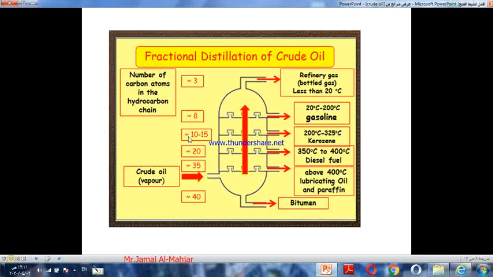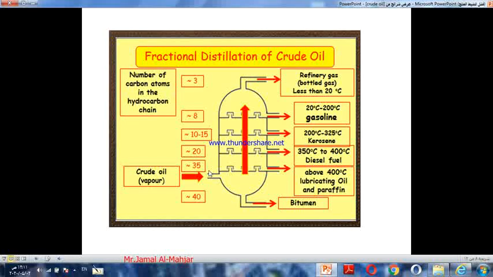The one that is further down, with the number of carbon atoms between 10 and 15, we call kerosene, and its boiling point is between 200 degrees Celsius and 325 degrees Celsius. Another fraction, with around 20 carbon atoms, we call diesel fuel, and its boiling point is between 350 degrees Celsius and 400 degrees Celsius.